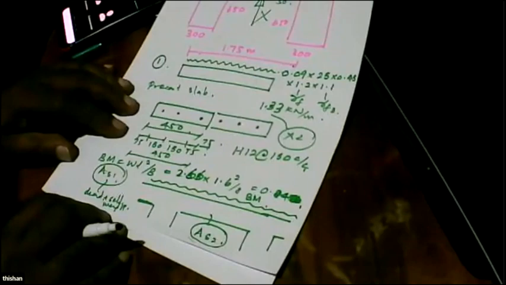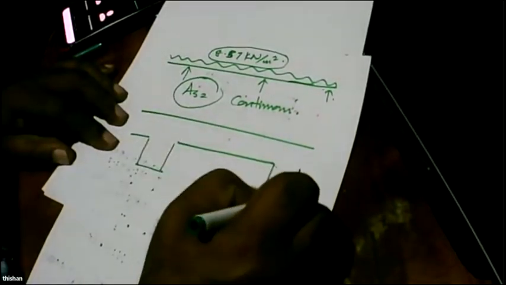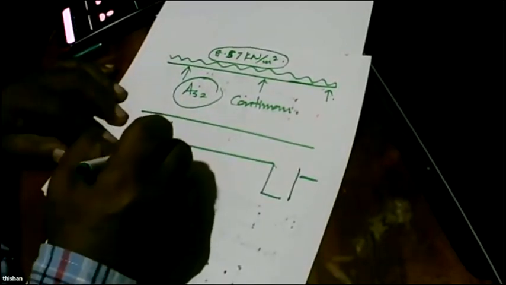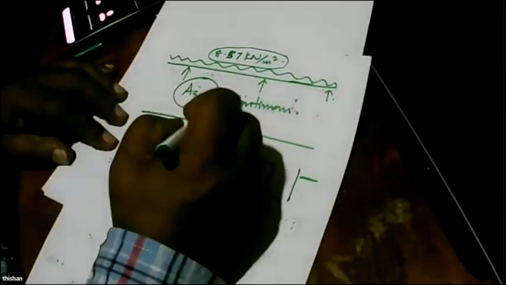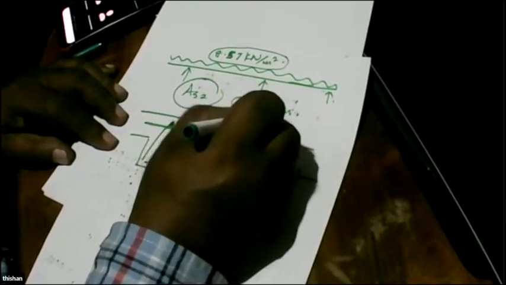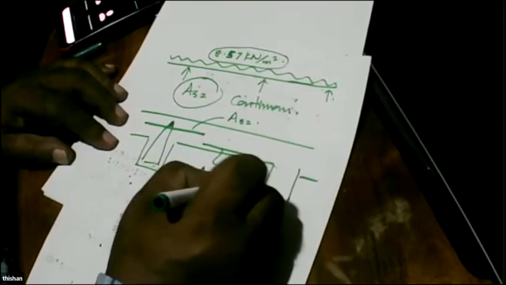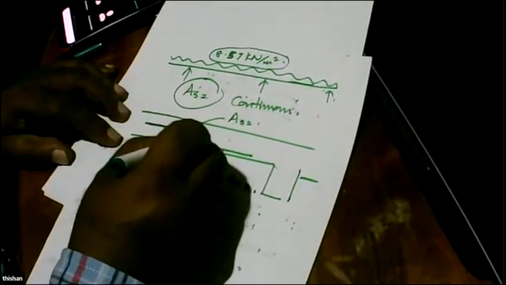That's the difference. If it is continuous for AS2, then you have to make sure we have this situation, and we have this reinforcement, and this particular reinforcement is also provided. So here you get AS2, and here you get AS1 plus AS2. Whatever you get here, you can provide here as well.